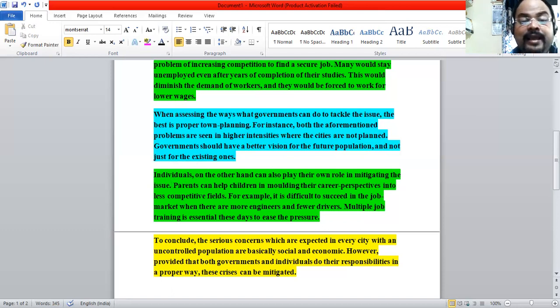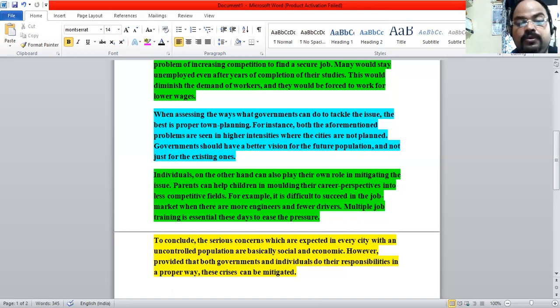If you can see more doctors in a city and less skilled workers like drivers or other people who are an integral part of the city, there will be problems. Now multiple job training is essential these days to ease the pressure.